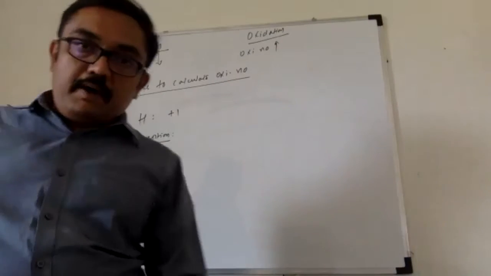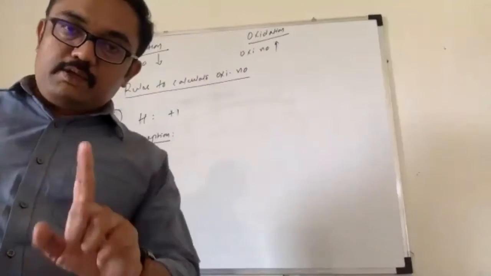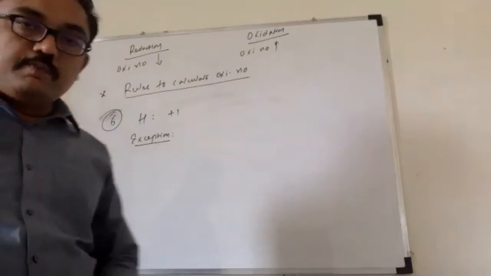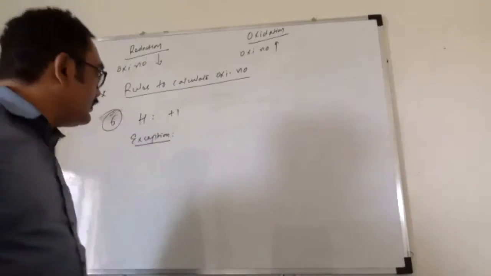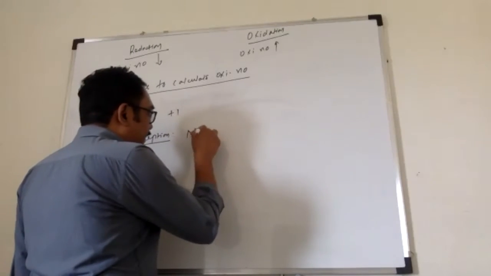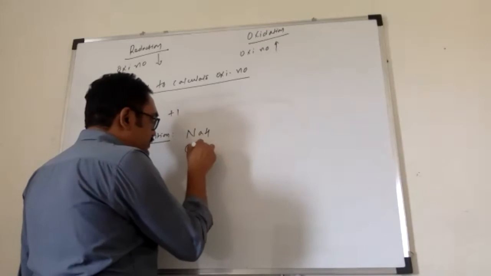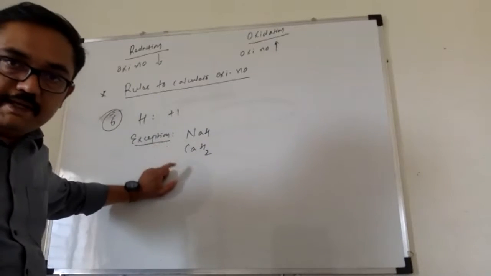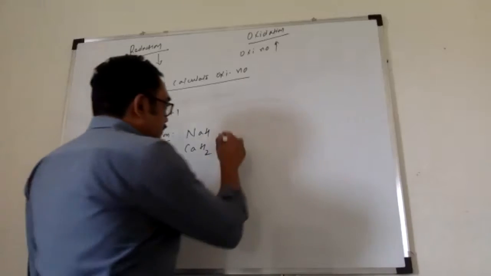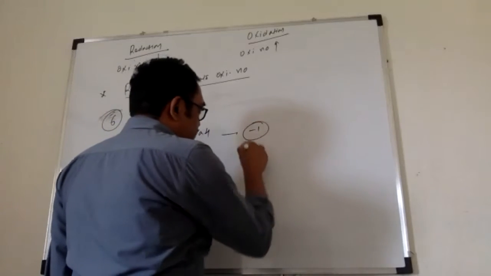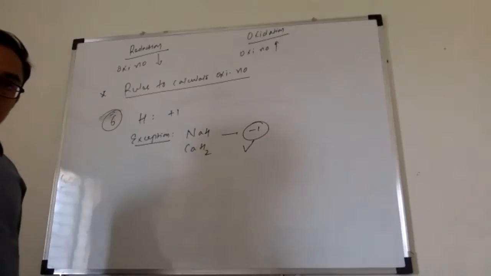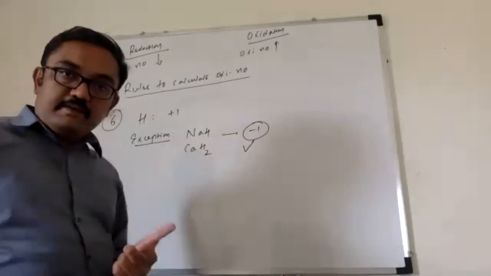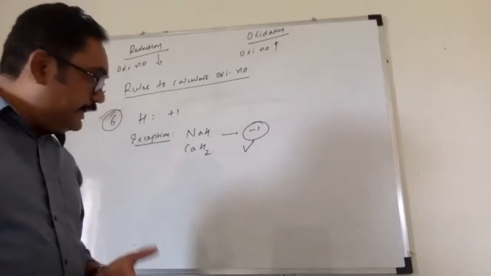Whenever hydrogen forms a compound with the first group and second group, first group, second group hydrides, like sodium hydride or calcium hydride, the hydrogen is in the -1 state. Because you know, sodium always remains +1. It doesn't change.